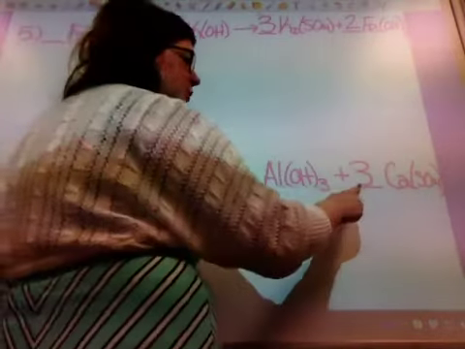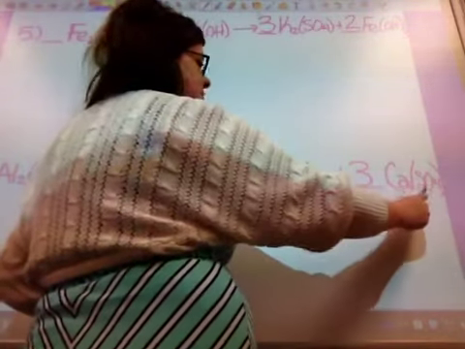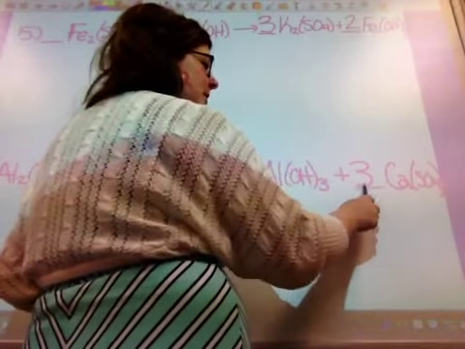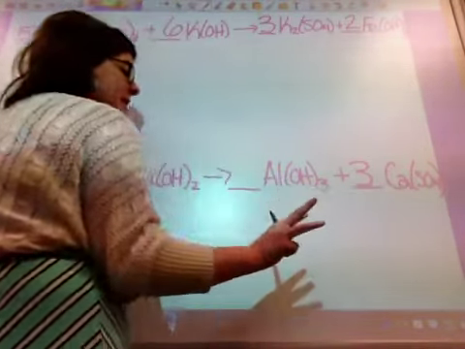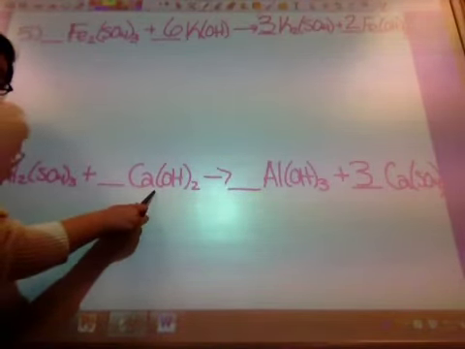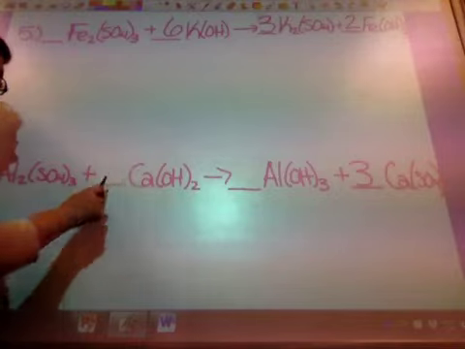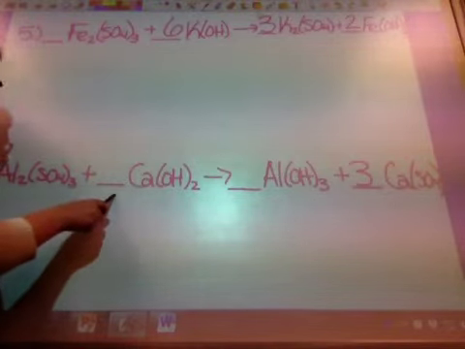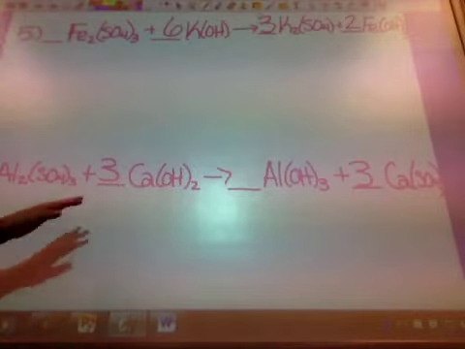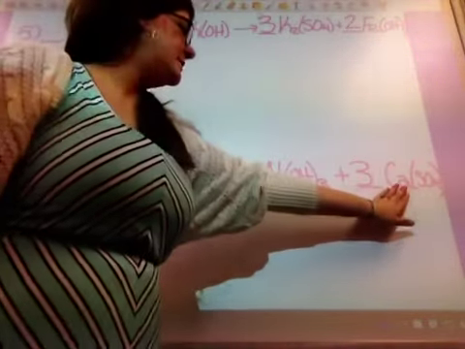Since I added this 3 here, the 3 doesn't just go for SO4, it also goes for calcium. So on the product side, how many calciums do I have? I have 3. But on the reactant side, I only have 1. So to balance out calcium, what number will I have to write here to get 3? 3. 3 calciums, 3 calciums.